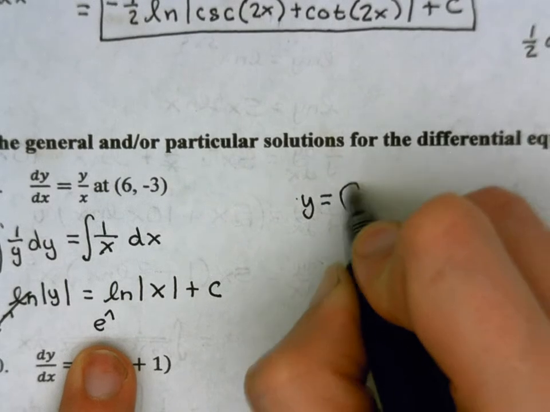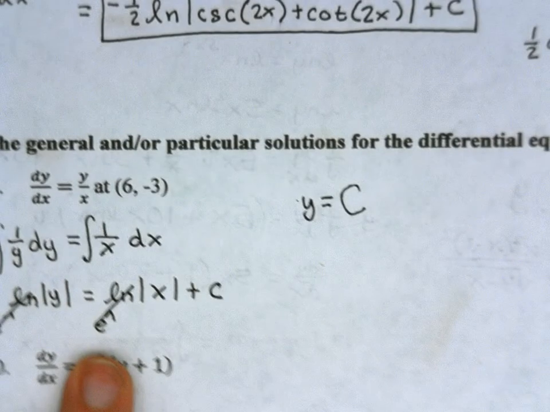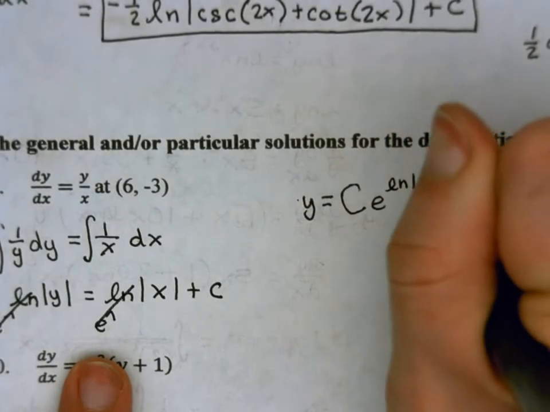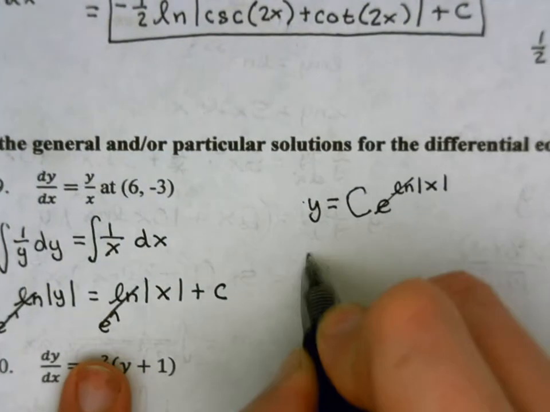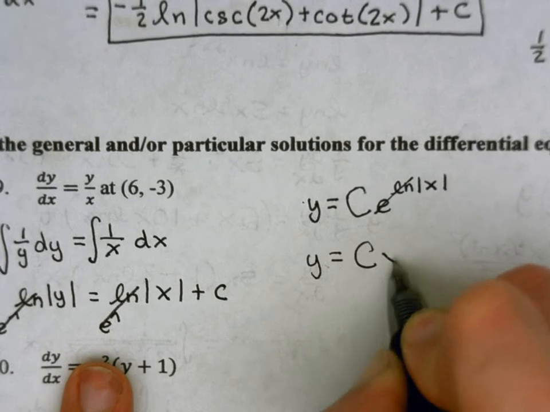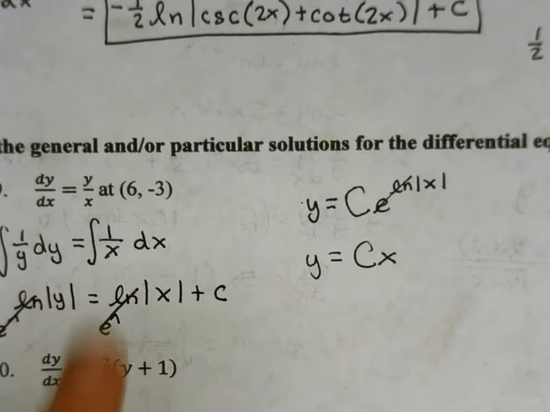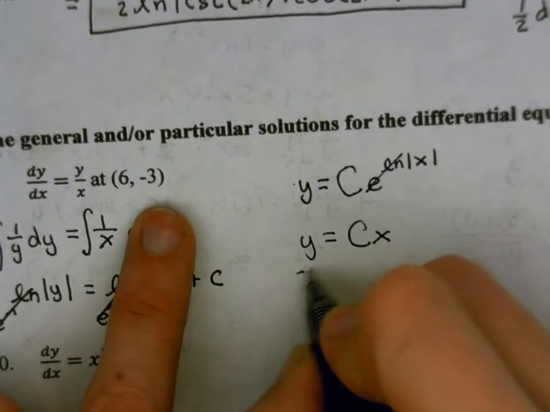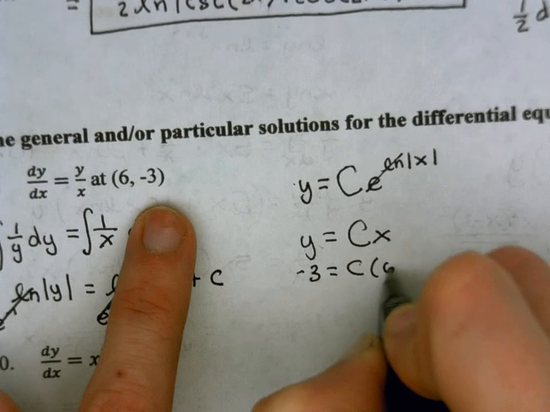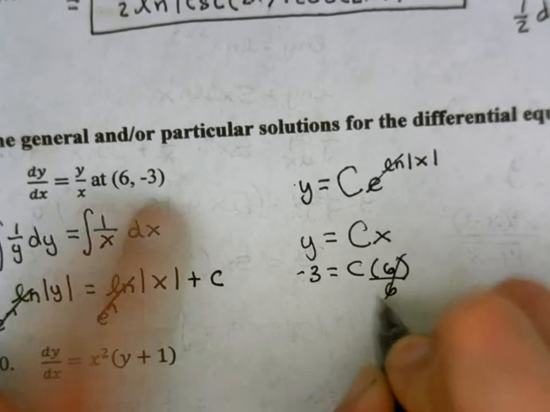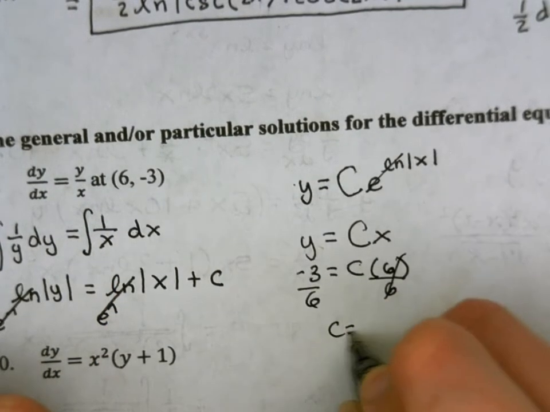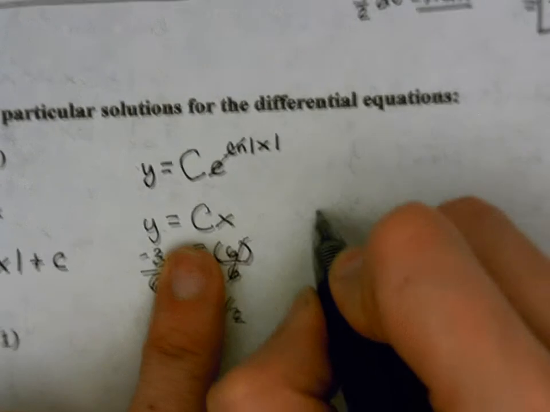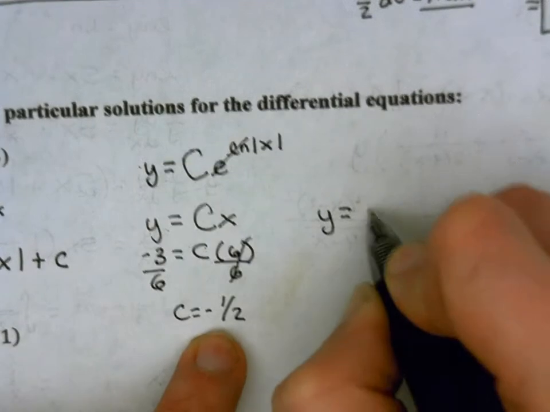And then e to the natural log are going to get canceled. I'll go ahead and show that step actually as a secondary step. So e to the natural log cancel, and we get c times x. And so then because this is a particular solution, I'm going to take that point and plug it in. So we have negative 3 equals c times 6, and solve for c, and we get c equals negative 1/2. And so then my final answer is y equals negative 1/2 times x.